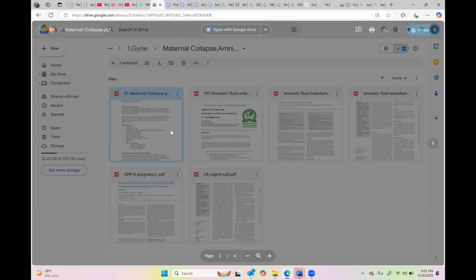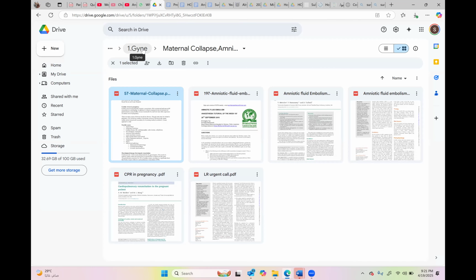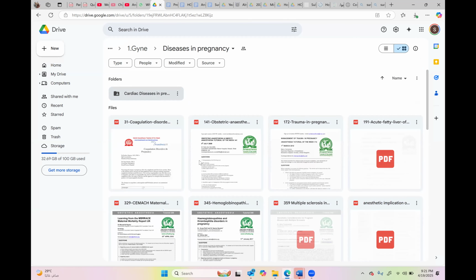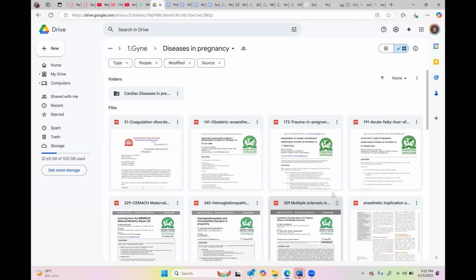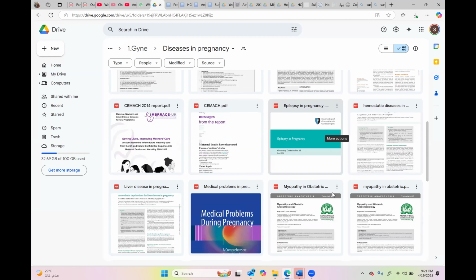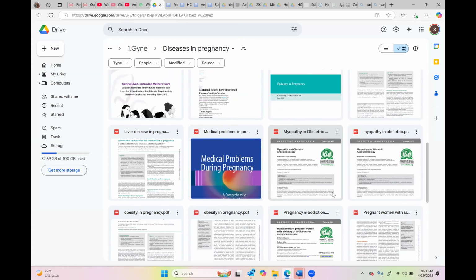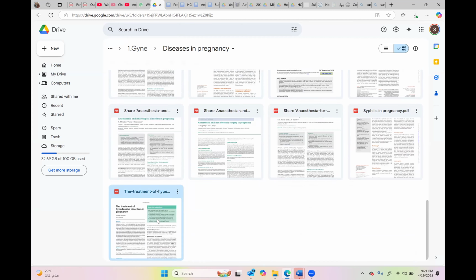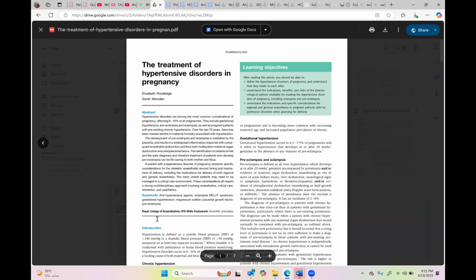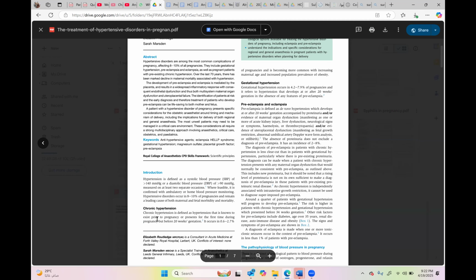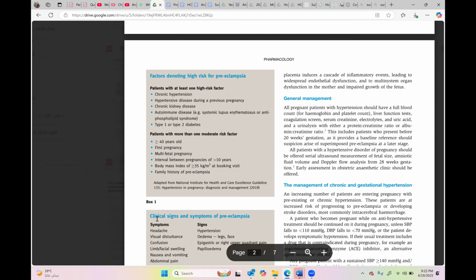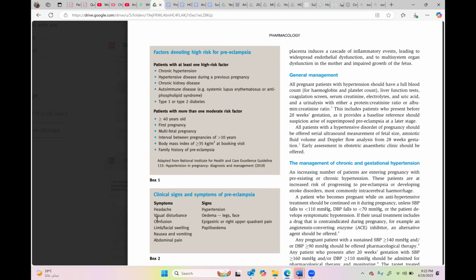Just a second, open an article about it.